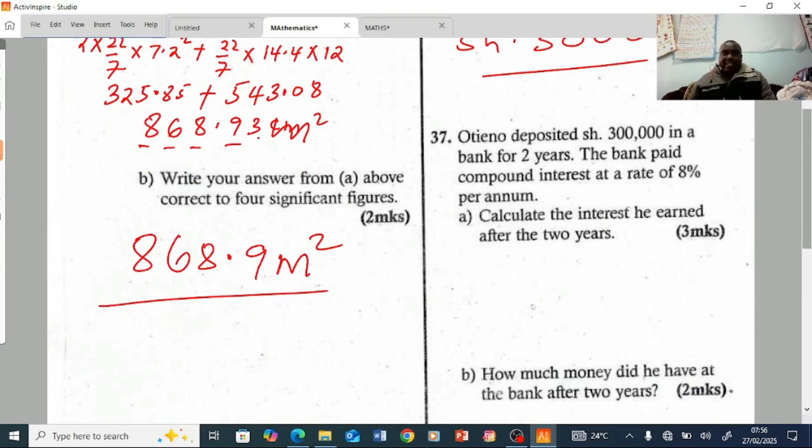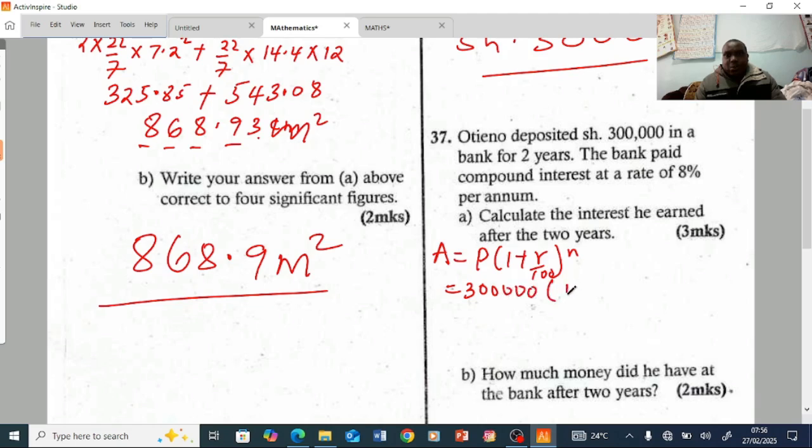Compound interest. So compound interest amount is equal to principal times 1 plus R over 100 to the power n. So that is 300,000 times 1 plus 8 over 100, and the years is 2.